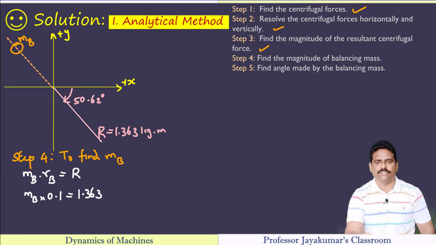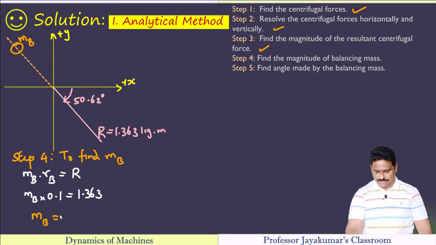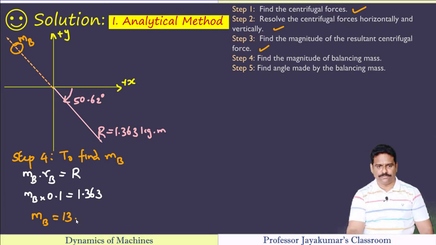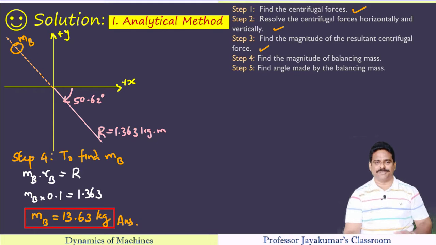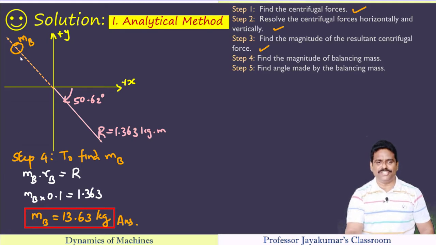From this we can find the value of MB. That means 13.63 kilogram of balancing mass needs to be introduced here. What is the radius of rotation of the balancing mass? 0.1 meter, which is given in the problem. So that is step number 4.